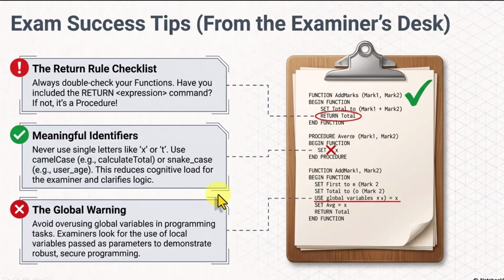That makes it easier for the Edexcel examiner to check, and for yourself to not make mistakes. And the global warning: avoid overusing global variables. Try to use local variables wherever possible, because that demonstrates robust and secure programming.